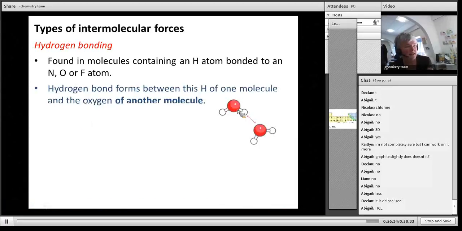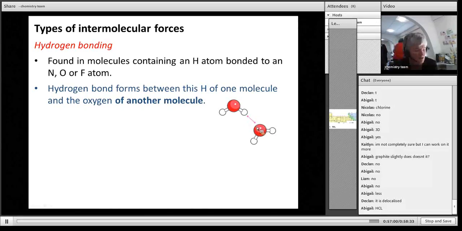So here's H2O. Note that this OH and that OH is a covalent bond. The same thing here, a covalent bond and a covalent bond within the molecule. But between the molecules, this slightly positive hydrogen is attracted to the lone pairs of electrons on the oxygen. So that is my hydrogen bond.